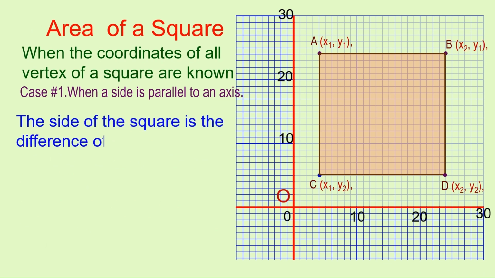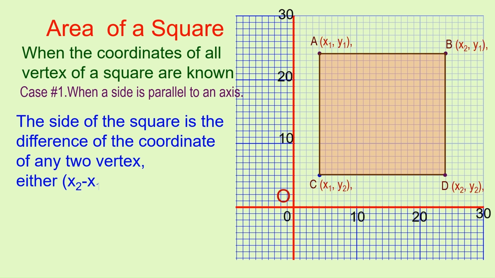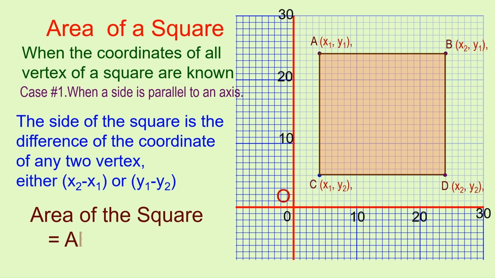The side of the square is the difference of the coordinates of any two vertices, either x2 minus x1 or y1 minus y2. Area of the square equals AB squared equals x2 minus x1 whole squared.